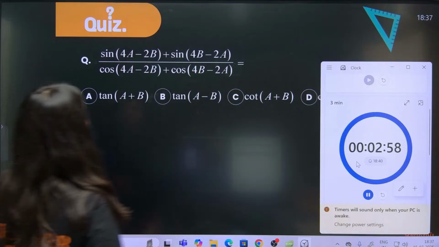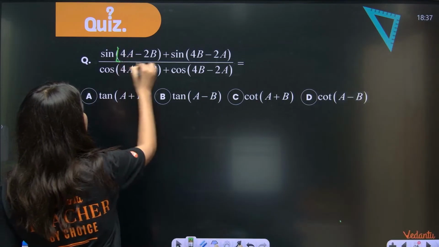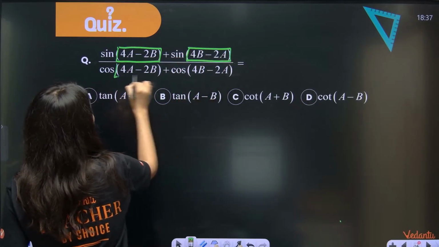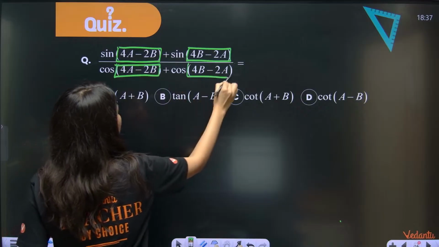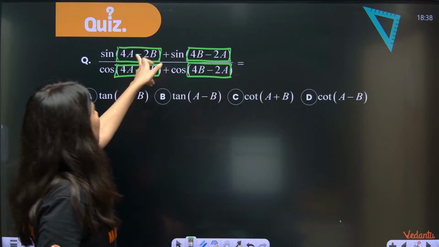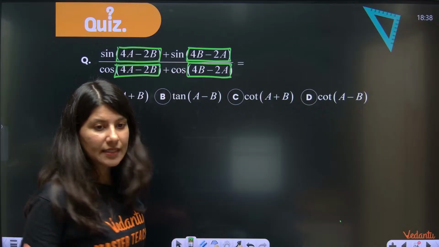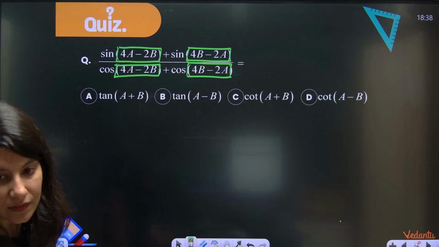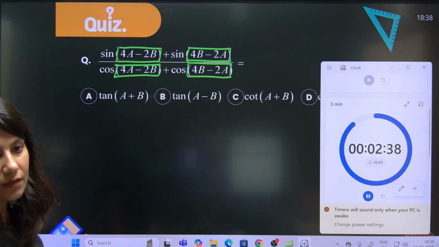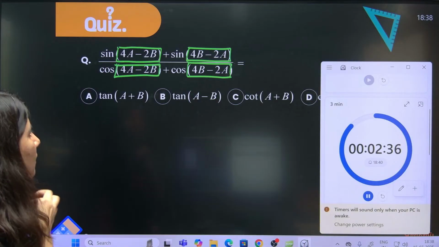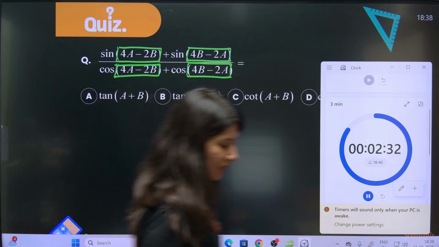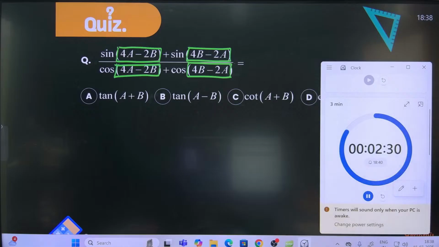So this is sin C plus sin D, and this is cos C plus cos D. So treat this as sin C plus sin D. This is the hint. Apply the formula, you will get the answer. I'll be expecting the answers from you. Make sure that you are doing it correctly.